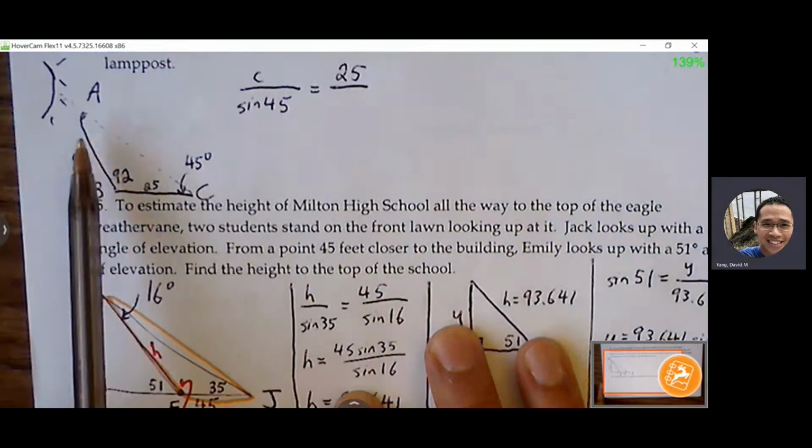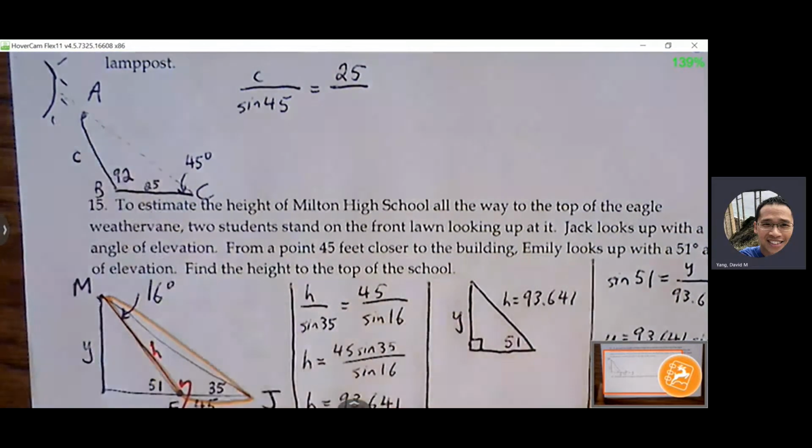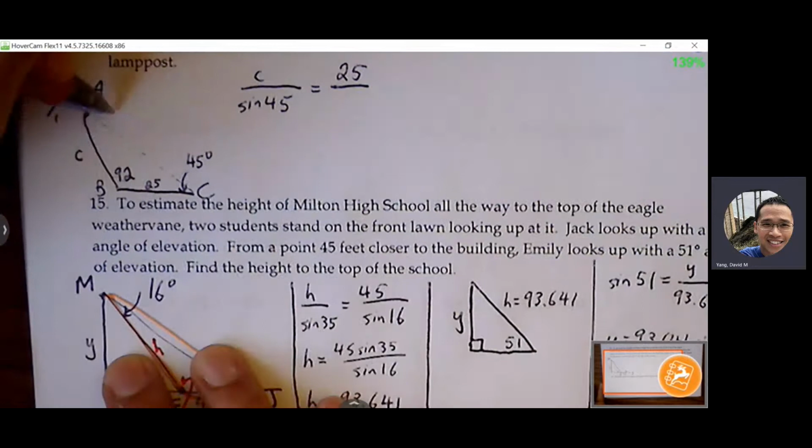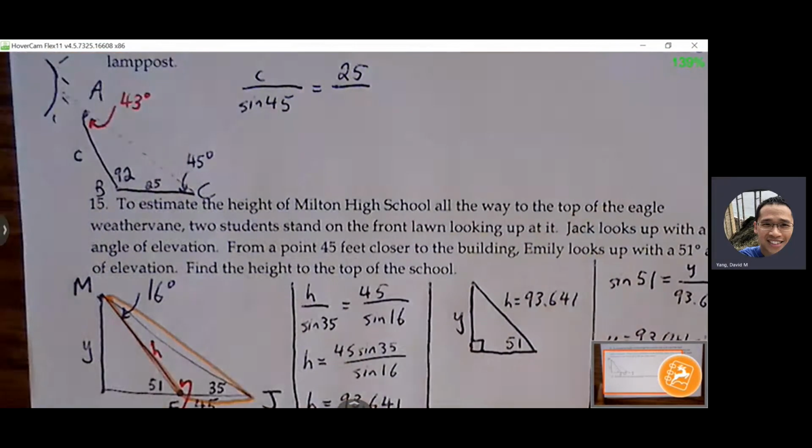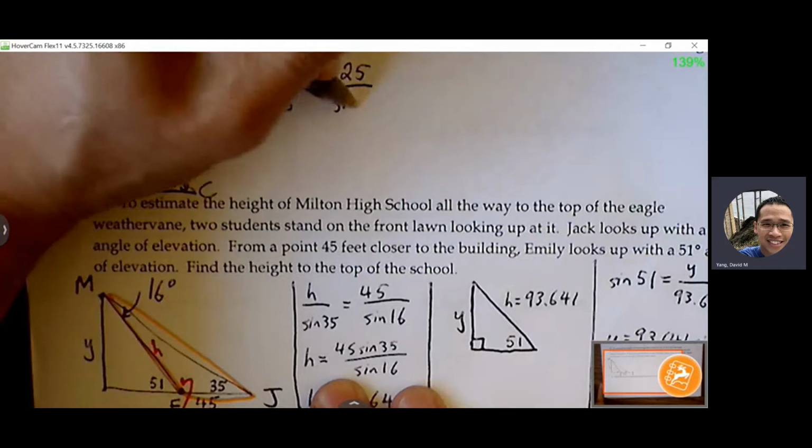Oh, but we do need to find this upper angle, right? What did you guys find there? 43, yeah. Subtract from 180. Go ahead.